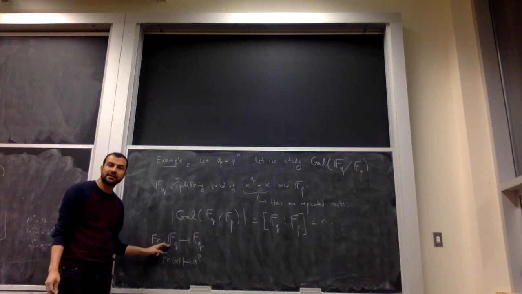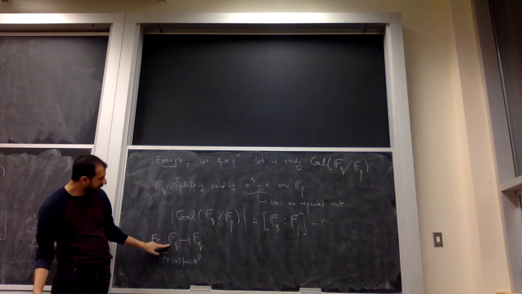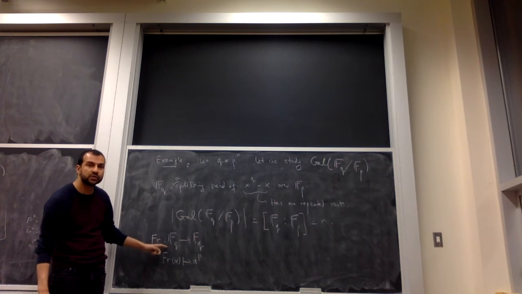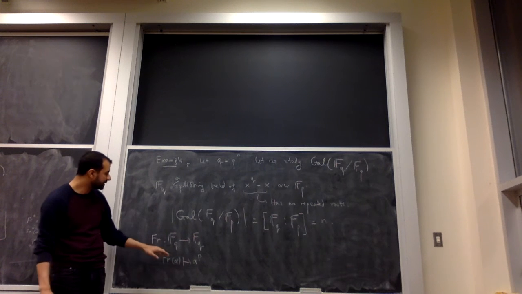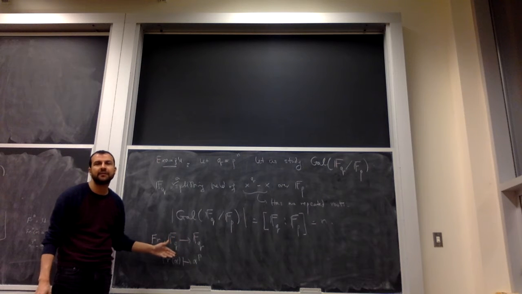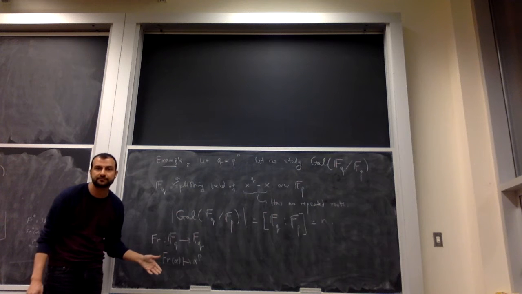Let me just remind you of the argument. Because F_Q has characteristic p, this is actually a ring homomorphism. Now F_Q is a field, so it's going to be injective. Because F_Q has finitely many elements, any injective map from F_Q to F_Q is also surjective.